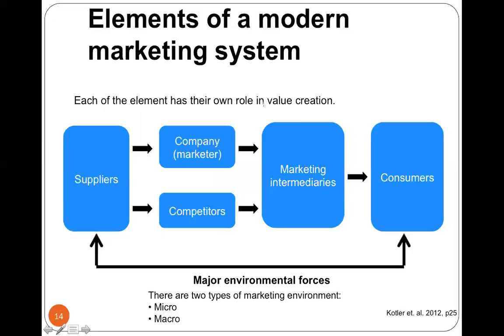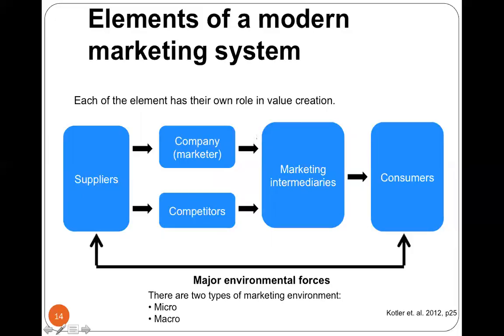On top of that, we also need to think about the major environmental forces or the larger societal forces that affect everybody. So we need to look at the entire thing here, right?